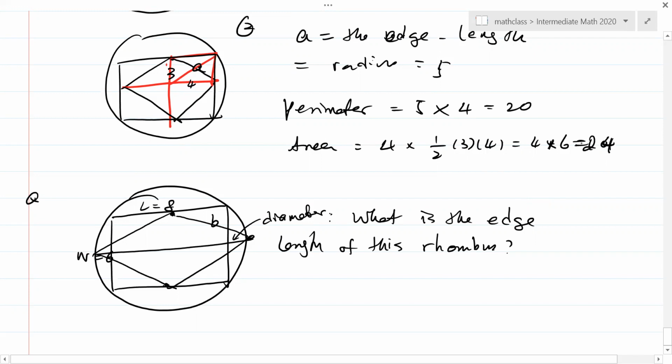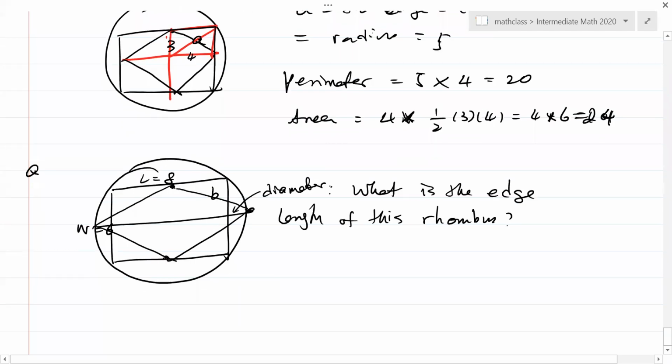Sorry, I wrote plus, but it's 4 times, not 4 plus. I should write the multiplication sign bigger.